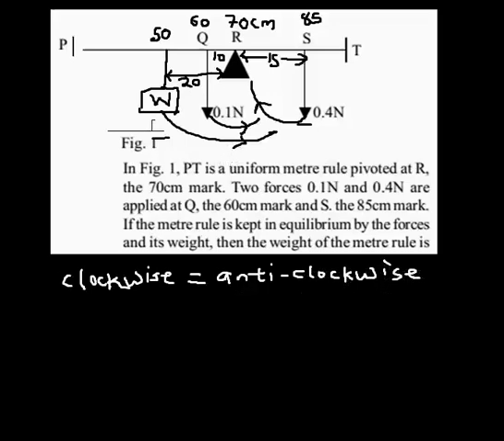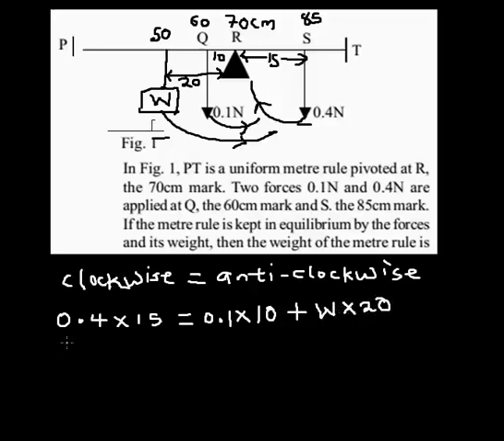I have only one clockwise moment, that is 0.4 Newton, multiplied by the distance from the pivot, that is 15, equal to, I have two anticlockwise moments. One is 0.1 Newton and the distance, which is 10. The other is the weight of the meter rule that I'm looking for, times the distance, which of course is 20.